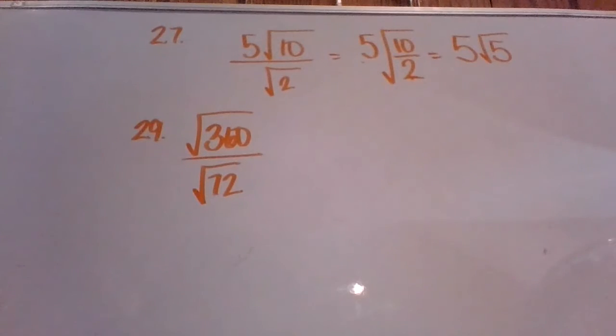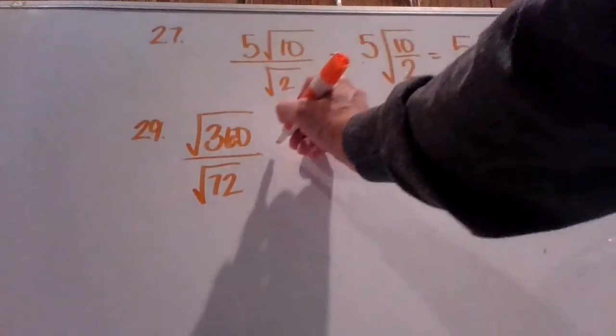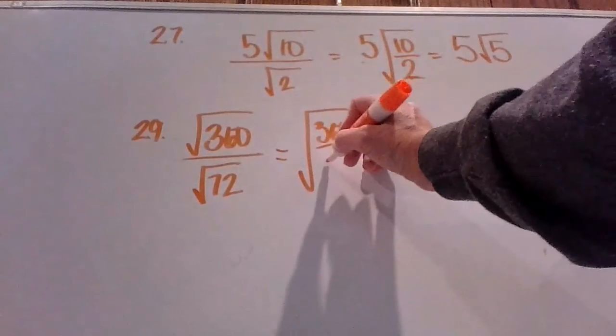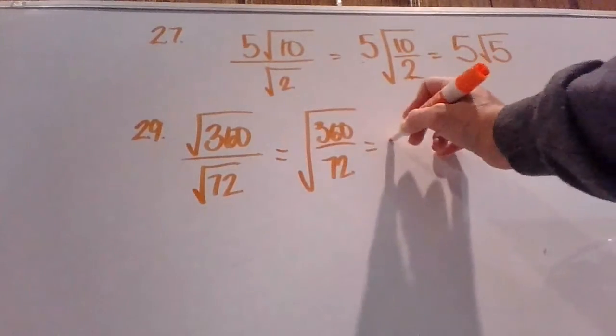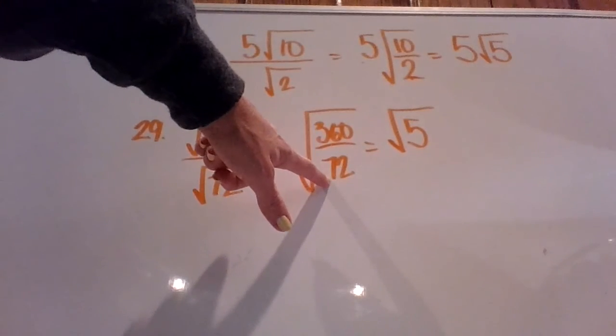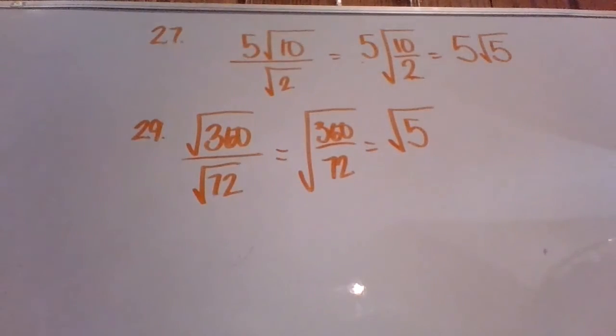And 72 isn't either, but let's see what 360 divided by 72 is. 5. So I could write it like this. 360 divided by 72 equals the square root of 5, because 360 divided by 72 is 5, but it still has to be under the radical sign to get our correct answer.